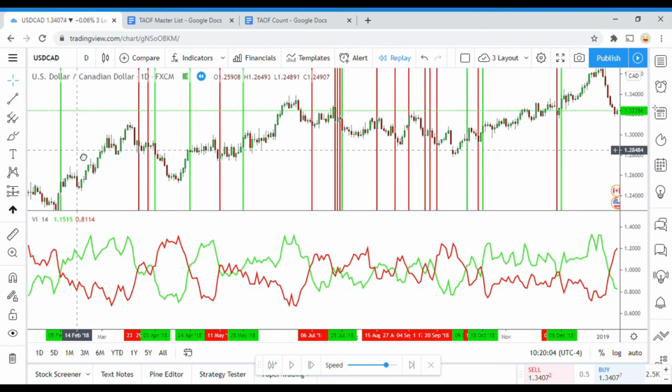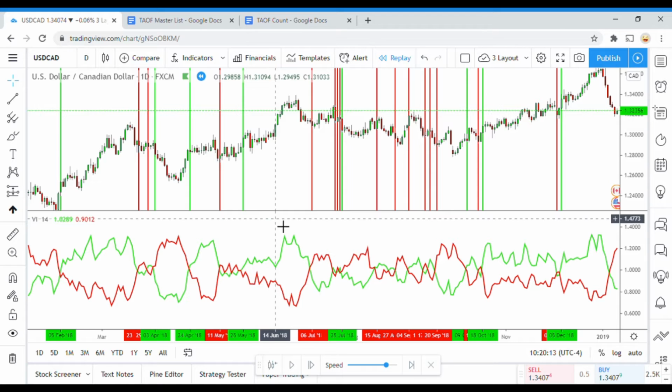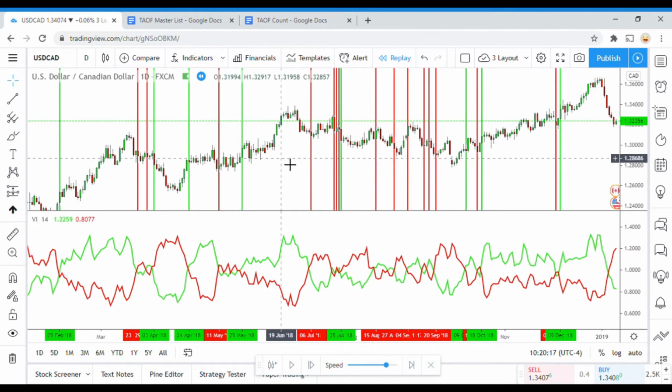It's a shame because it did seem like it was able to achieve some really good moves when this particular pair was actually moving. It's when it hits these choppy ranging areas that it was getting itself whipsawed in and out and in and out. And we've seen this many times from a lot of other indicators.